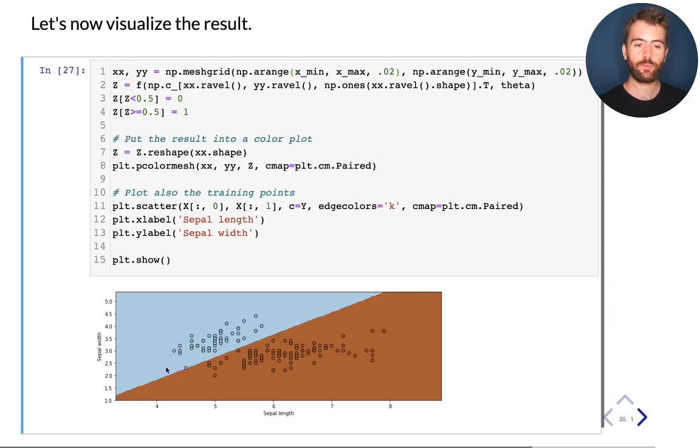Now we have perfectly separated these two classes. This point here is correctly classified. You can also see that this solution is better than what we have found using linear regression. We're able to perfectly separate the two classes.